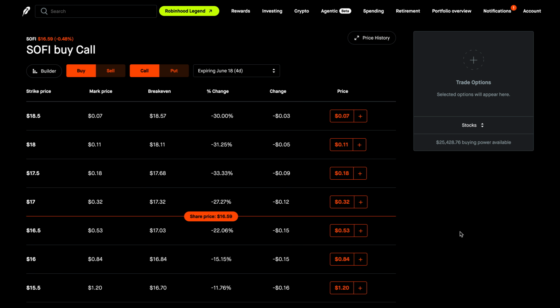Now, the reason this is important is because there are so many different option strategies out there, and trying to remember which one you can use when you're bullish versus when you're bearish versus when you're neutral, and also what specific strike prices you need to select, and then finding one that fits your budget, that can get very overwhelming. So wouldn't it just be great if there were a tool that could help you out? Well, thankfully there is, and that's what we're going to talk about here today.